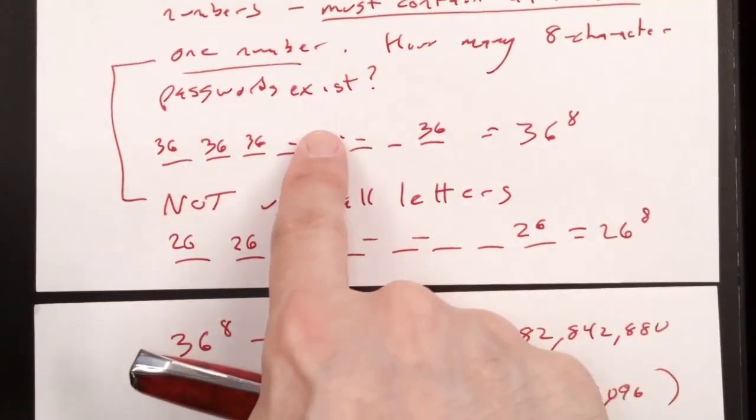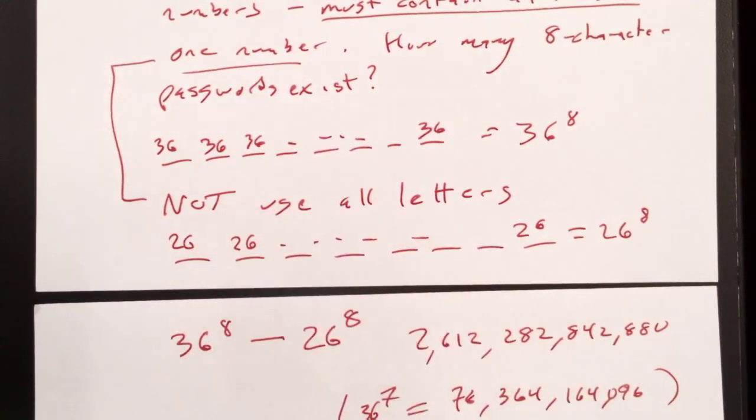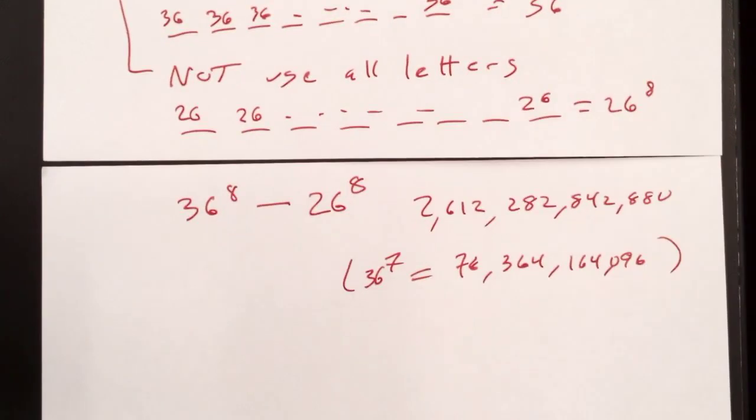What if I chose that one to be the number? Ooh, I got a lot more options that way, don't I? And that means I have to count a bunch because it can be here or here or here. I got to add up a bunch more stuff. And that's why this number is so much smaller, because you've only done 1 removal. I could do it that way, but I'm going to have to do a lot more work to do it. By the way, I picked an 8-character password.